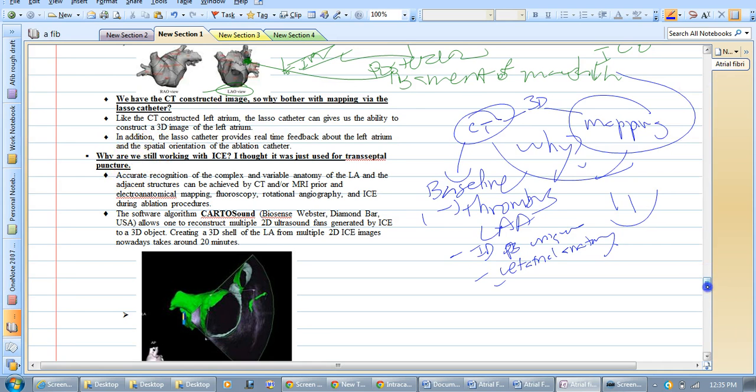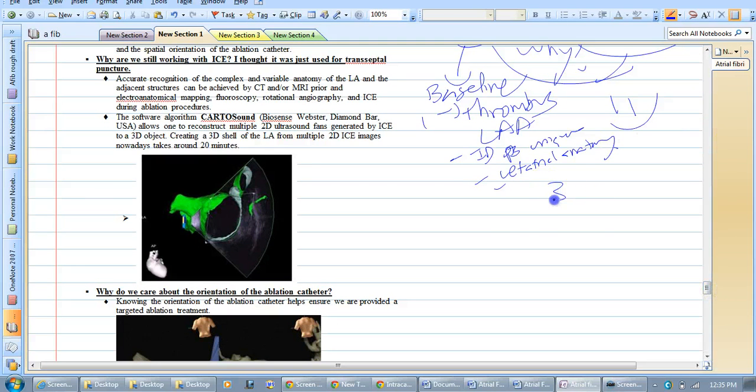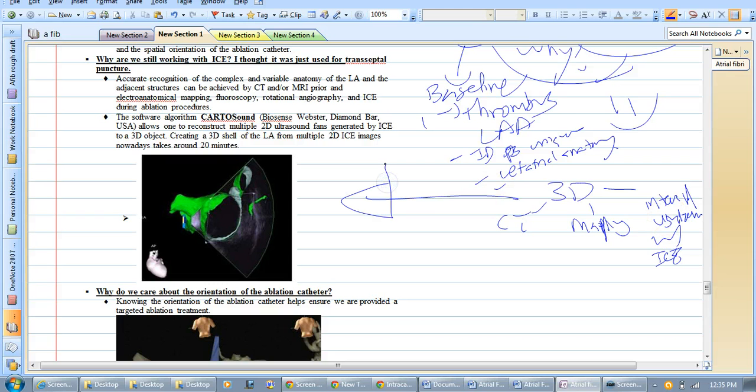So going back to ICE, we talked about 3D imaging with CT, mapping, and internal visualization with ICE. So what would that actually look like? Well, if you look at your image right here, what we see is a 2D image superimposed on a 3D image, right?